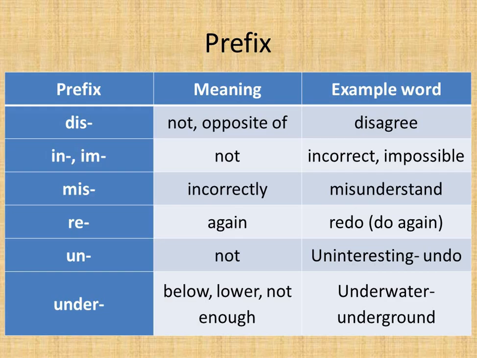We have un, which means not. So in, im, and un all mean not. Okay, so uninteresting, undo, unblock. Under means below or lower, not enough. Underwater, underground, this means below.